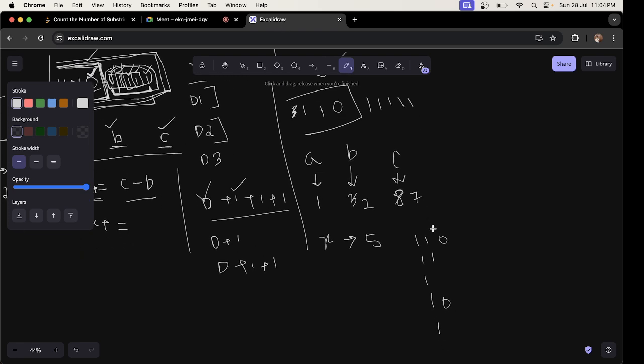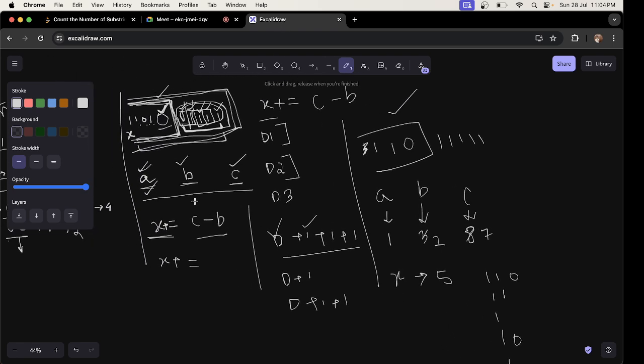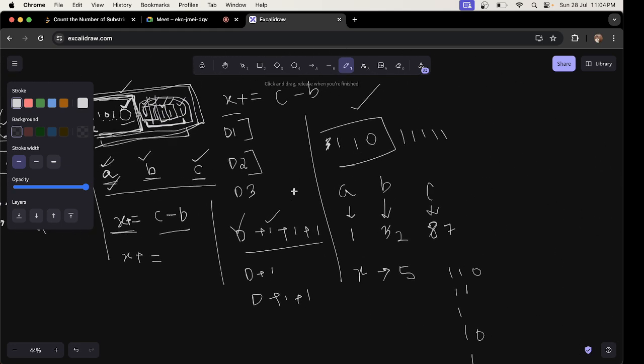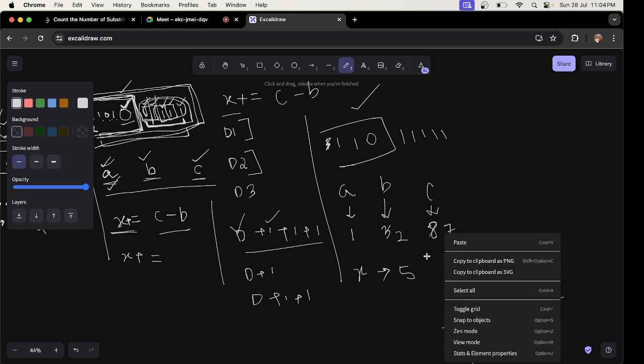Okay. What I said earlier is that I will fix the starting position. So let's say I am taking the substrings which have started from the first index, so I will consider only these 3.